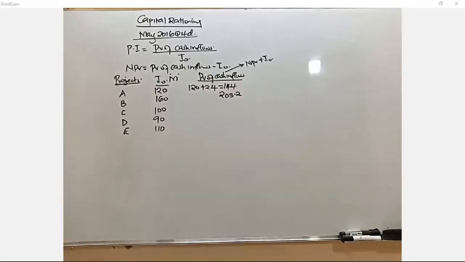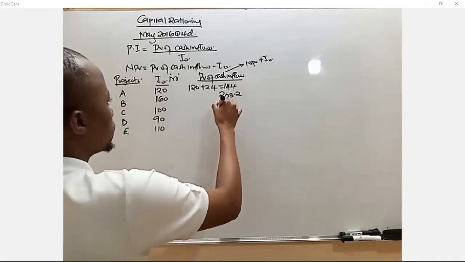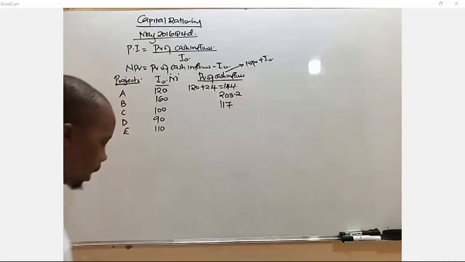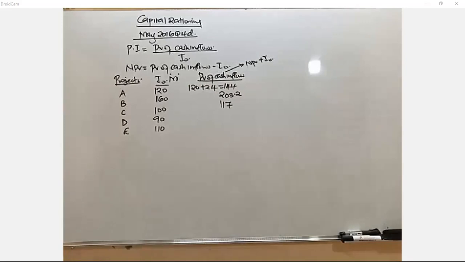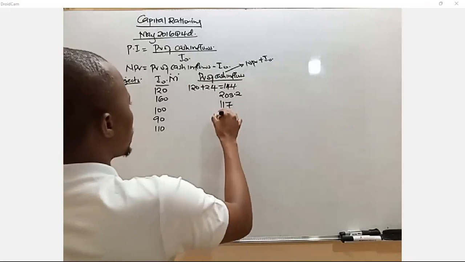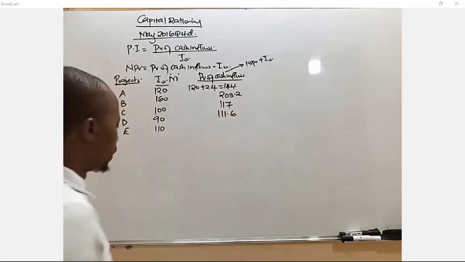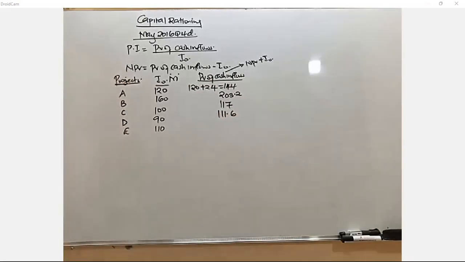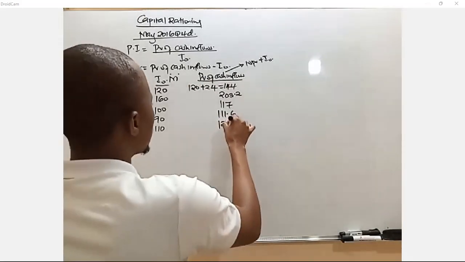The third one, 100 plus 17, getting 117. D, we have 90 plus 21.6, getting 111.6. Then the last one, which is our E, 110 plus 19.6, getting 129.6.